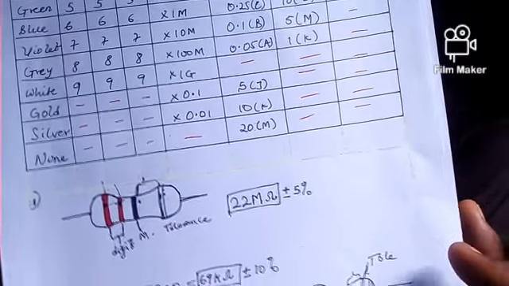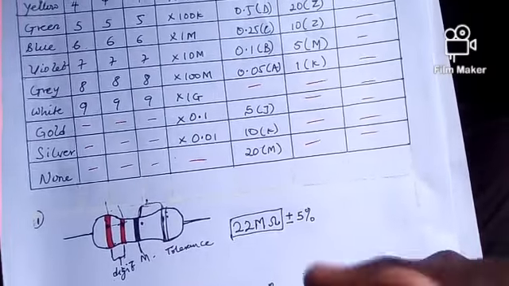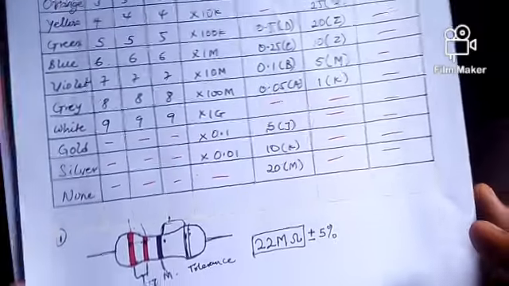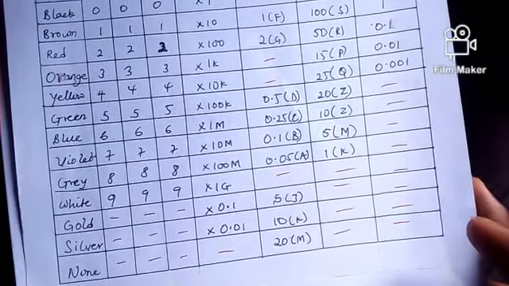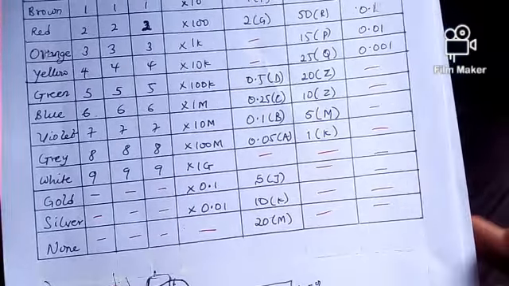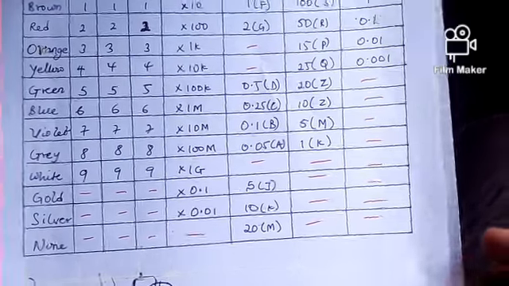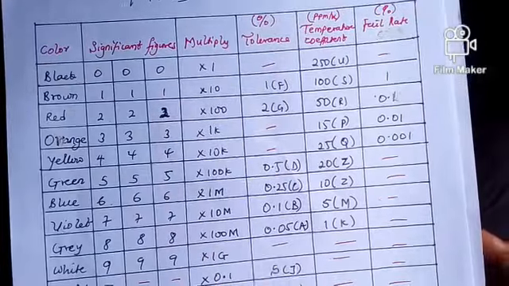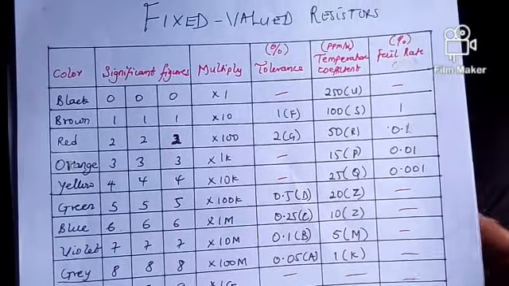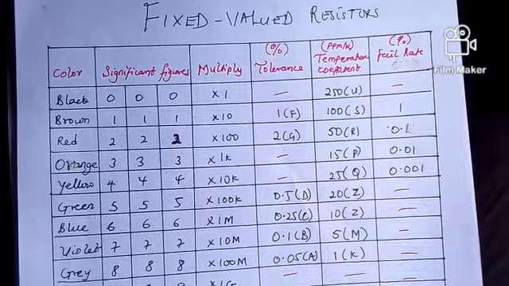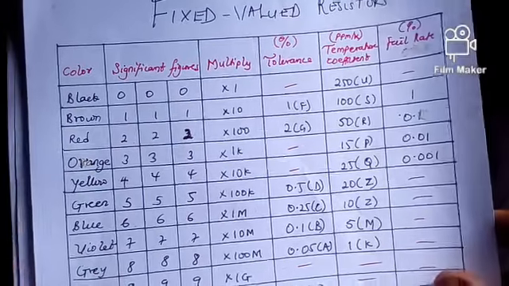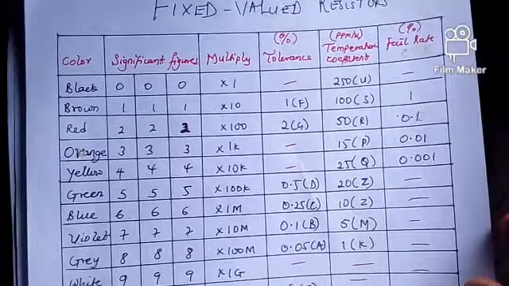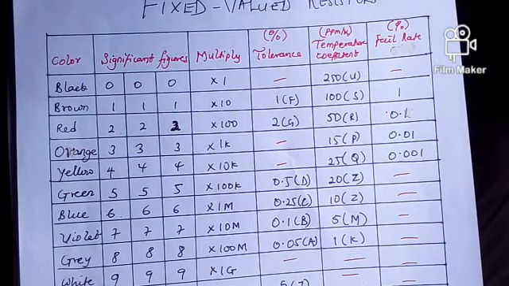I believe this is very helpful. Before I leave you guys, I need to tell you the easiest way to commit these values into memory. Now, how do you commit this table comprising the fixed valued resistor code into memory without actually going about the table or memorizing it, so that it won't skip your memory?